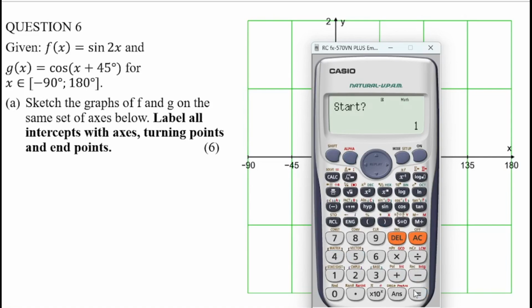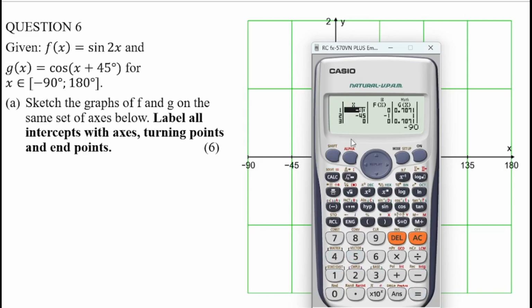We're starting at negative 90, so you enter negative 90. We're ending at 180 degrees, so enter 180. And then our step, we say that our step is 45, so enter 45 and then equals.